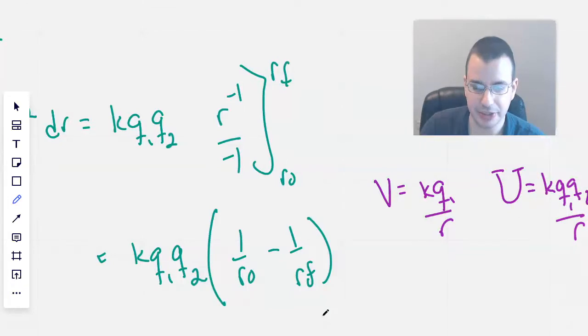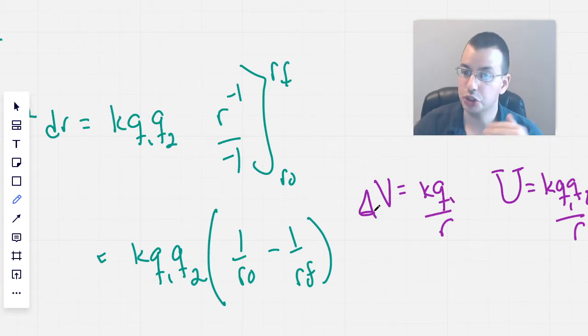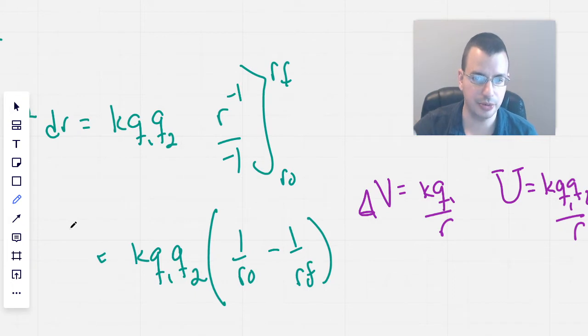And that's actually the same as over here, because you can't look at voltage in isolation. Voltage is always a difference between two points. Well, sometimes you'll see it as if it is just in terms of one point.